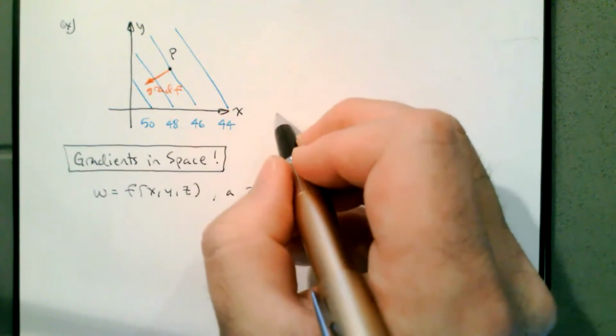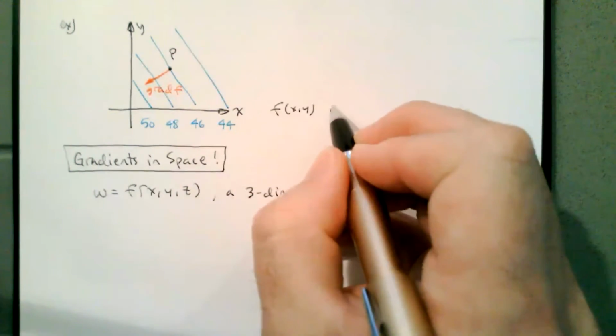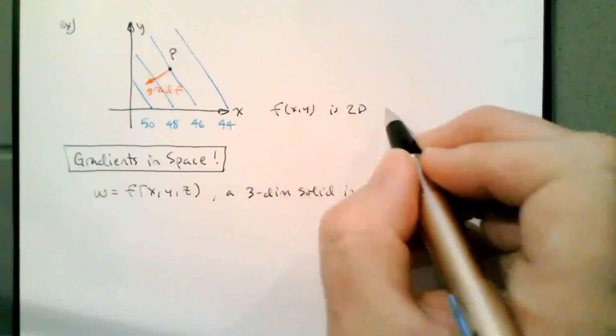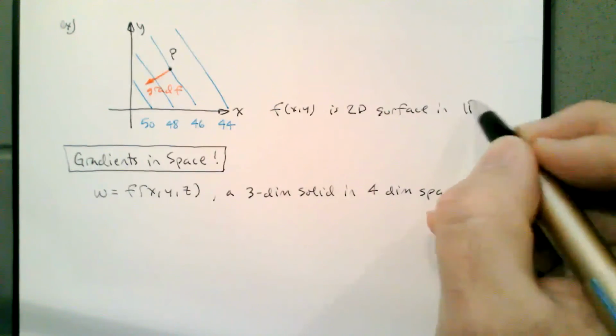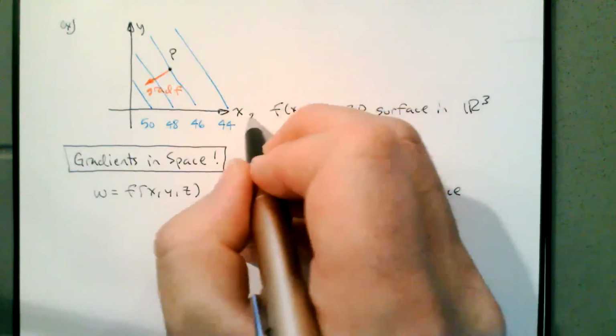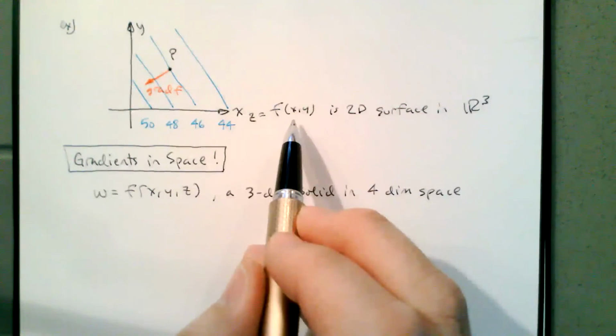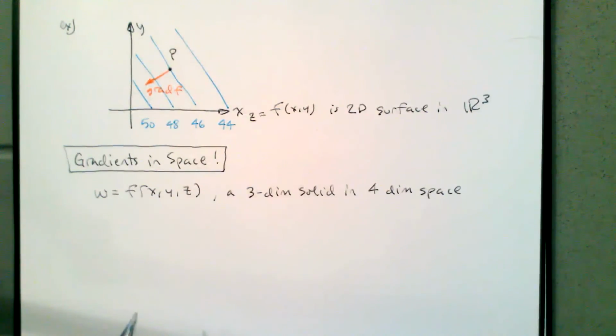Remember, our function of 2 variables, f of x, y, is a 2-dimensional surface in 3-dimensional space. That's in R3 because I've got an x, a y, and a z. W is equal to f of x, y, and z is in R4 because we've got x, y, z, and w. So our graph is going to be a three-dimensional solid in four-dimensional space.